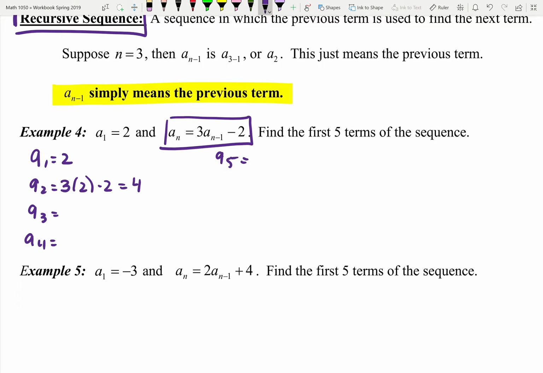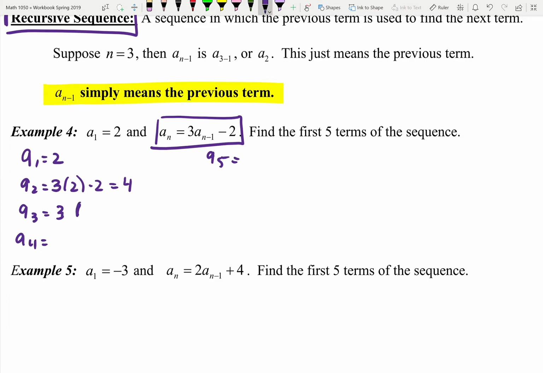Do the next one. Take a 3, multiply it by the previous term. The previous term is not a 2. It's the term right before that, which is a 4, minus 2. That's 12 minus 2, which is a 10. Do the next one. 3 times the previous term, which is a 10, minus 2.